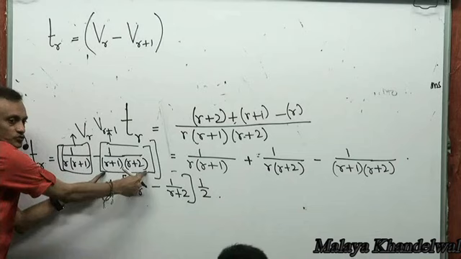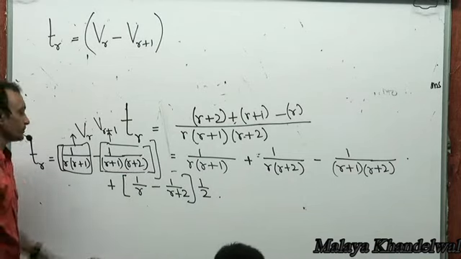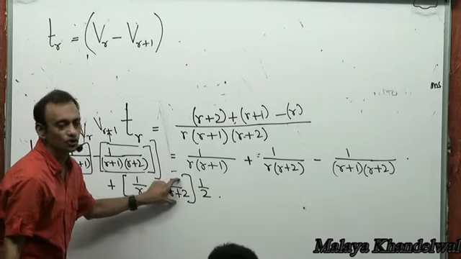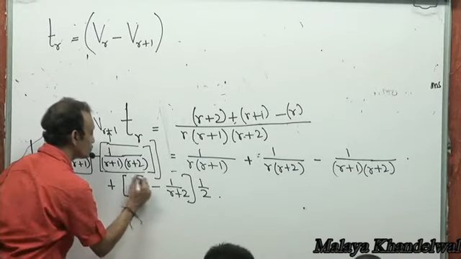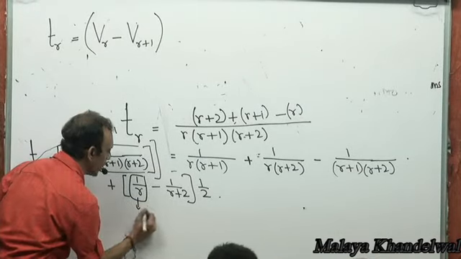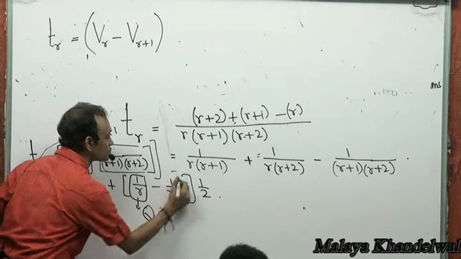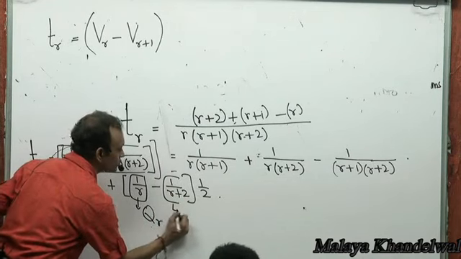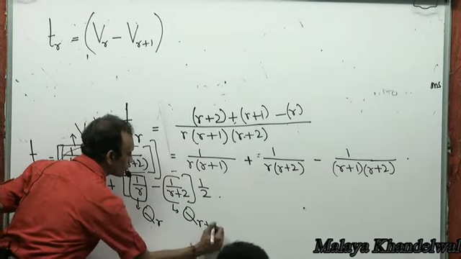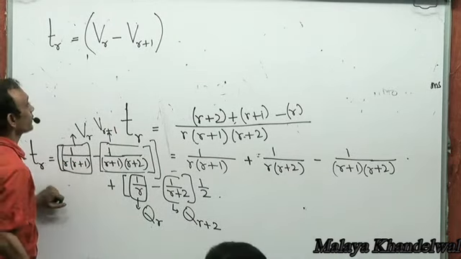This was VR, so this would become VR plus 1. And if this is QR, then this would be QR plus 2. Clear? Right?